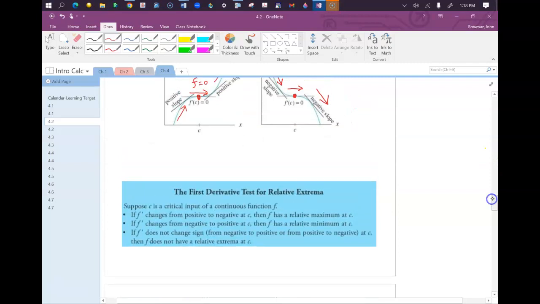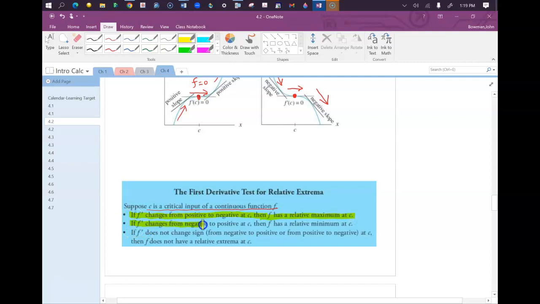So we can formalize this. It's called the first derivative test for relative extremes. If c is a critical point of a continuous function, remember that is where the derivative is 0 or undefined: if f prime changes from positive to negative, then f has a relative max at that value of x.